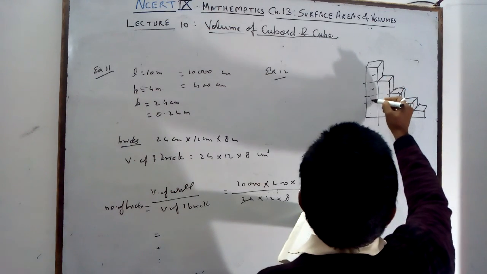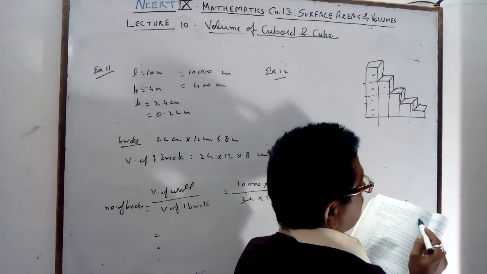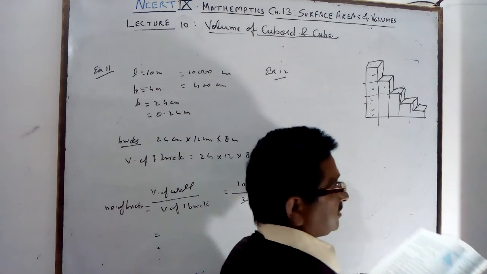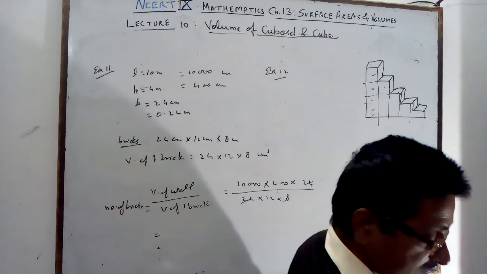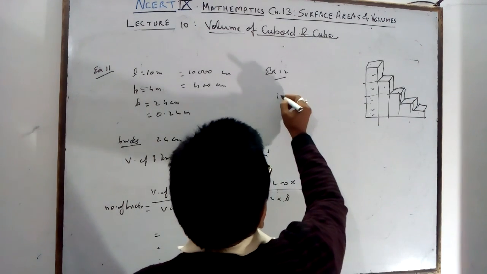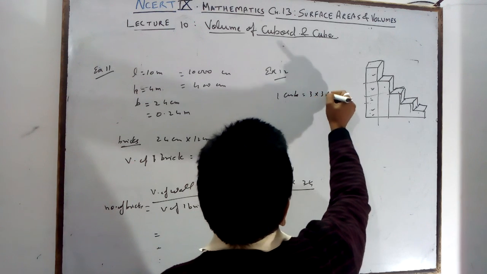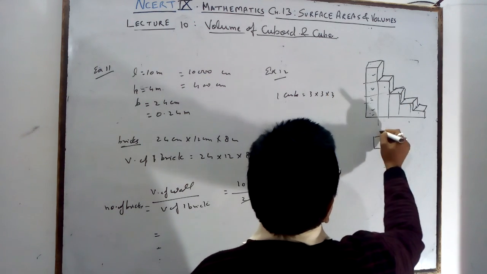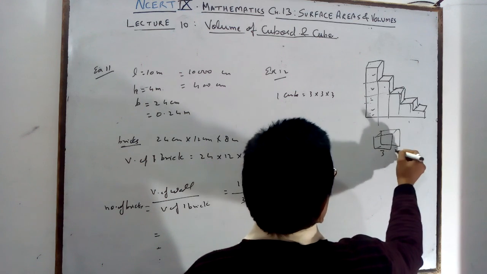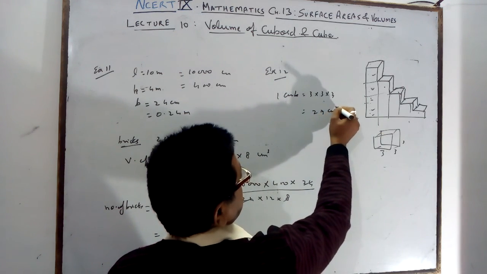So 1, 2, 3, 4, 5, 6, like this. Total 27 centimeter cube you will get. What is the volume of one cube? 3 into 3 into 3, because it is given one block is of 3 centimeter. 3, 3 is 9, 3 is 27 centimeter cube.